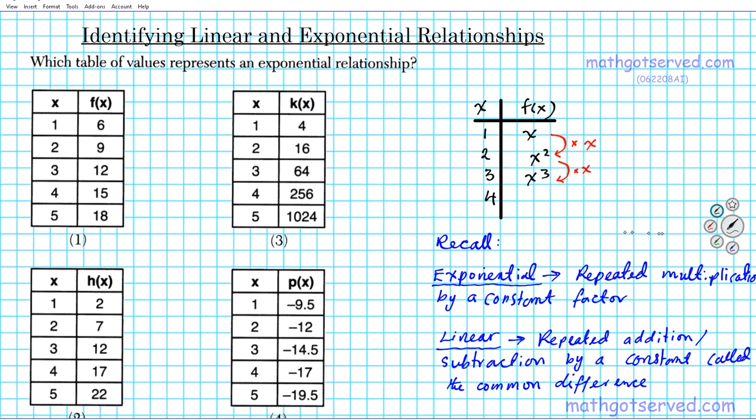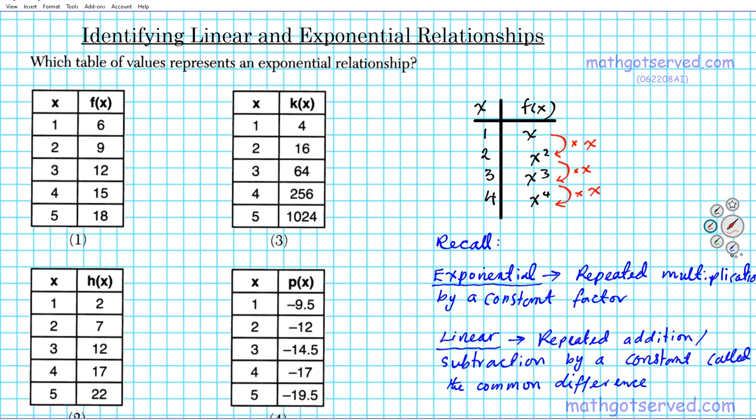All right, and then you multiply by x again to get the next output value, and that's going to be x to the fourth. So this is just an example of an exponential relationship where you multiply by the same number over and over again.